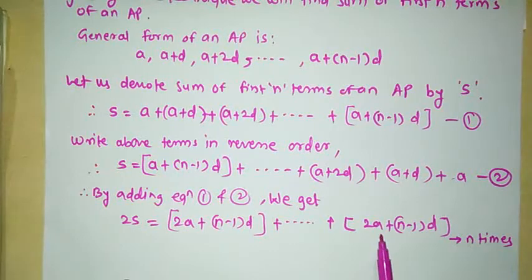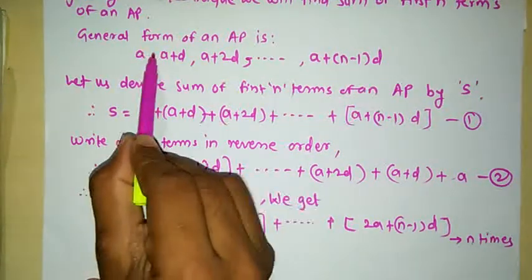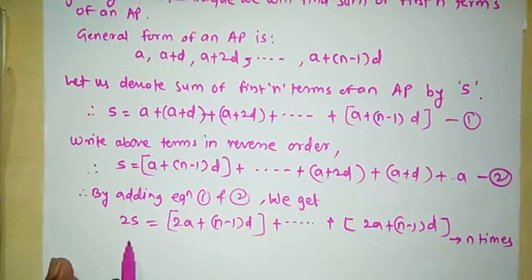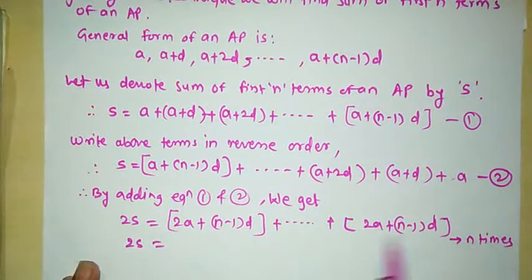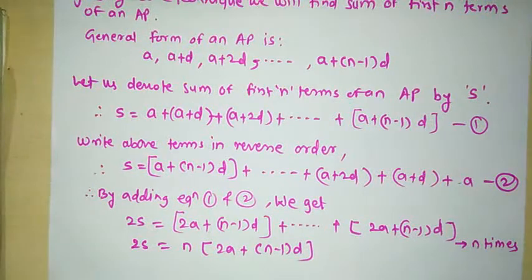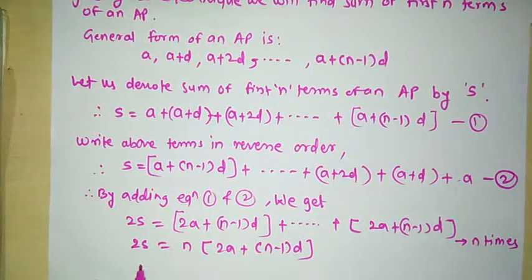Now these terms, that is 2a plus n minus 1 into d, we will get n times, because there are n terms in the AP. In an AP there are n terms, therefore we will get these terms n times repeatedly. This can also be written as n into 2a plus n minus 1 into d. Now send this 2 towards the right hand side, it will go to the denominator.